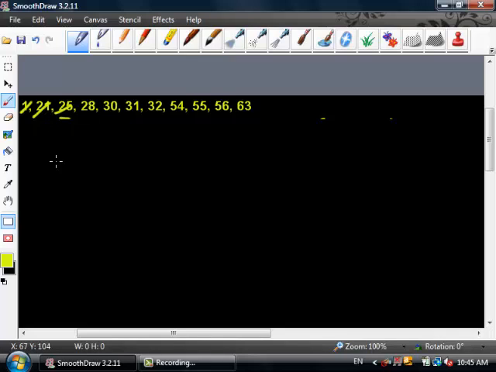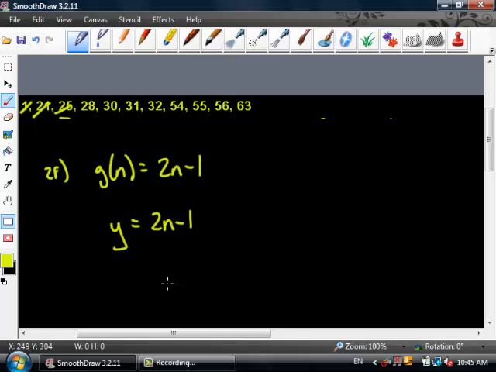28. Okay, find the inverse of each function. So 28 here, g of n is equal to 2n minus 1. The first thing I'm going to do is replace this g of n with a y, and say y equals 2n minus 1. Now, in order to determine what the inverse is, I am going to switch n and y, so I get n equals 2y minus 1, and now I just try to get y by itself.